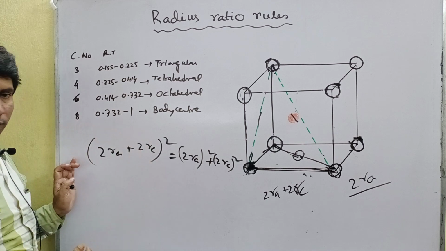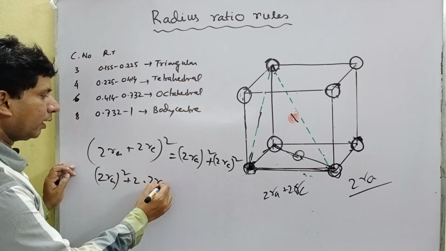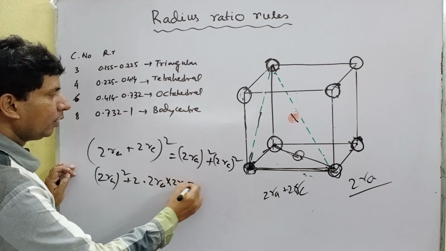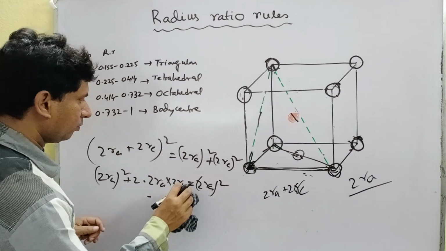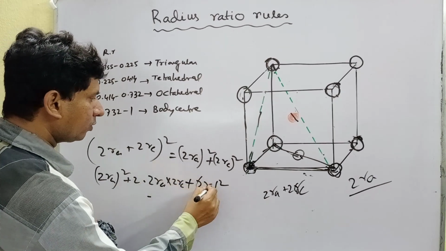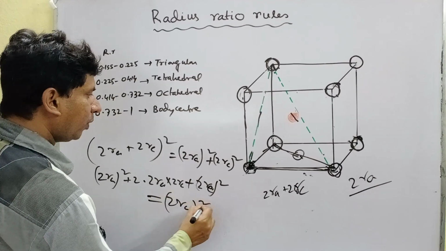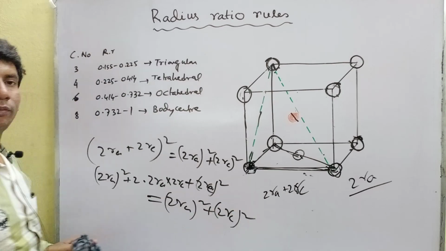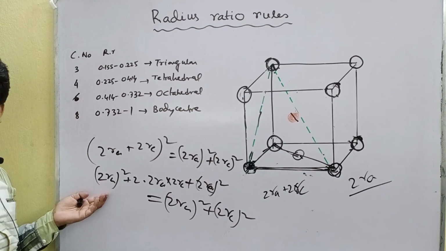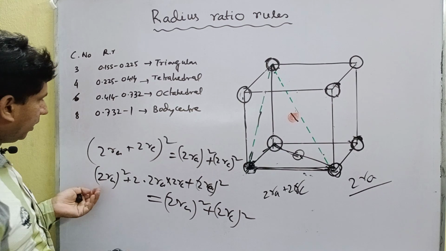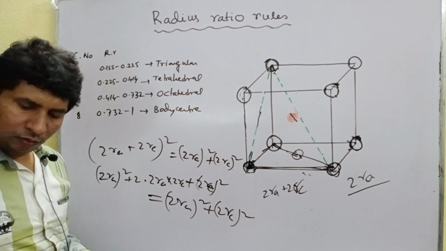So if we rearrange it, (2RA) square plus 2 into 2RA into 2RC plus (2RC) square equals (2RA) square plus (2RA) square. Then the (2RA) square cancels out.